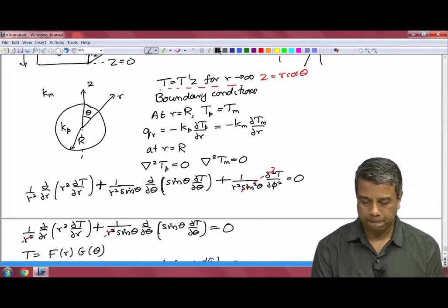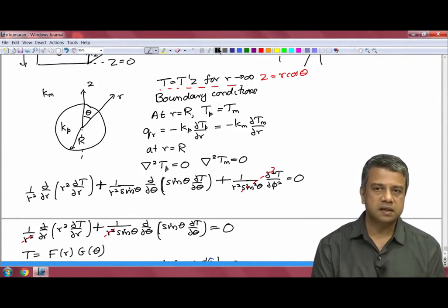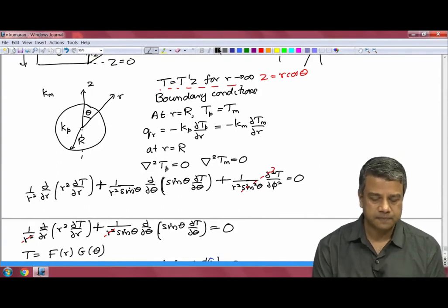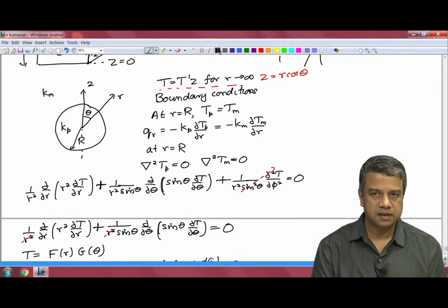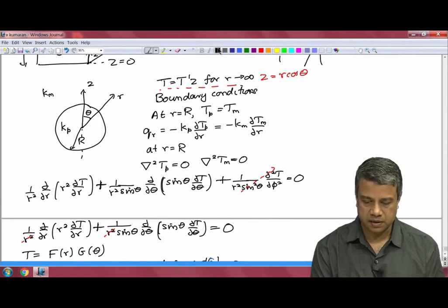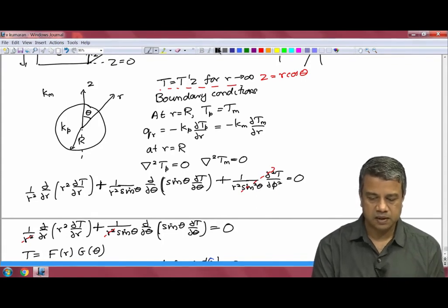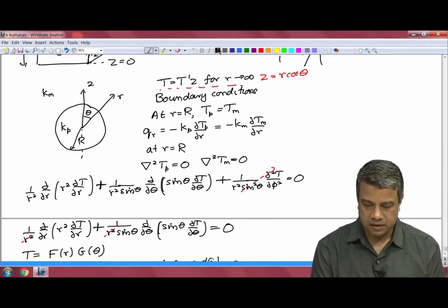So, the two boundaries in the theta direction are 0 and pi. However, there is no physical boundary in the theta direction, because both 0 and pi are within the material. So, how do we get the boundary conditions in the theta direction?